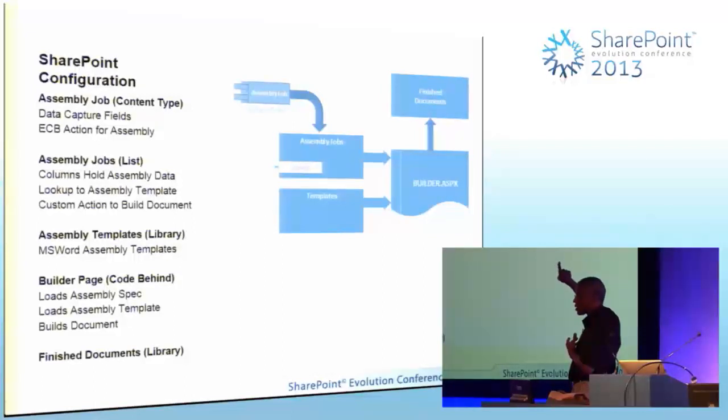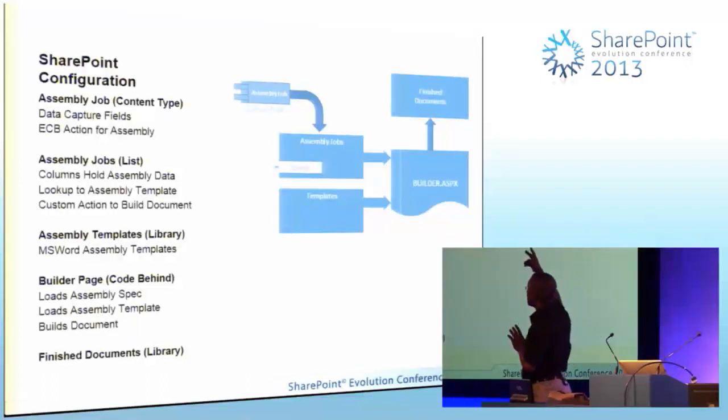It's modeled a little bit after the publishing framework, where you have page layouts and columns on the page layout that allow you to enter data that gets merged with the page when the page is published. Same idea. You have an assembly job with columns.